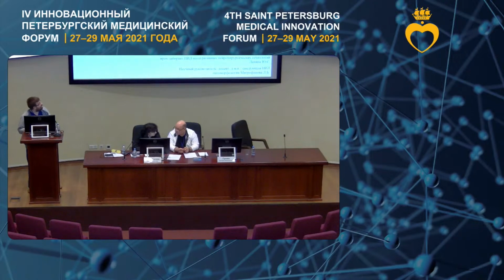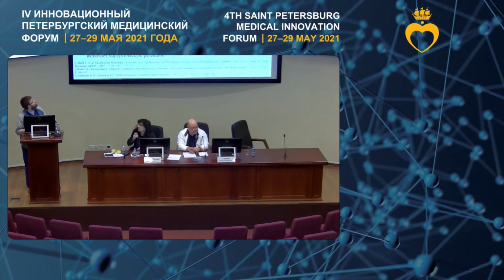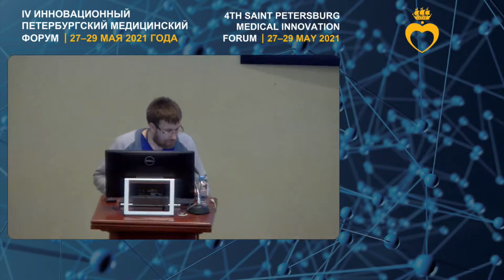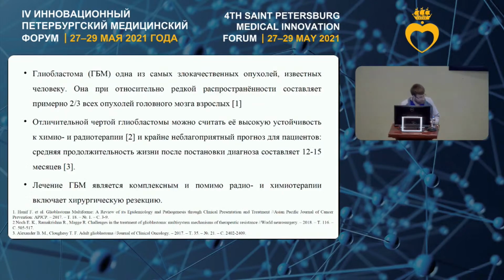Distinguished Presidium and colleagues, I'll do my best to tell you about the current problems regarding the issue. Glioblastoma, despite its low frequency, is nevertheless the most frequent brain tumor in adults and has a bad prognosis.